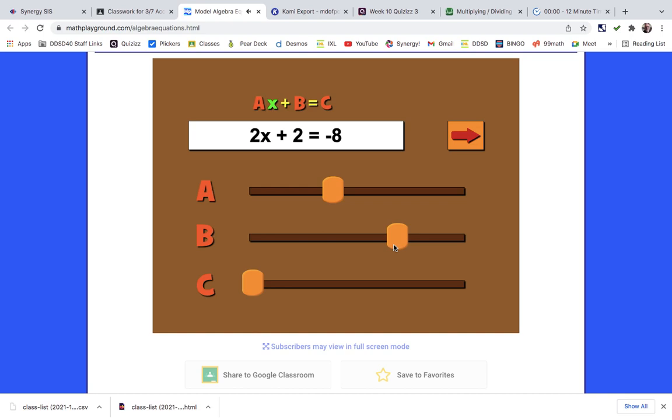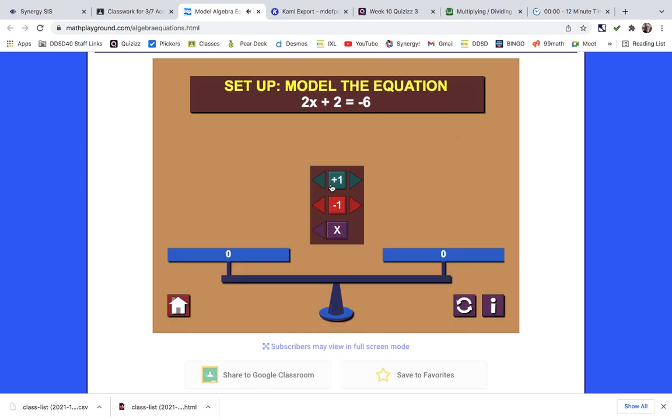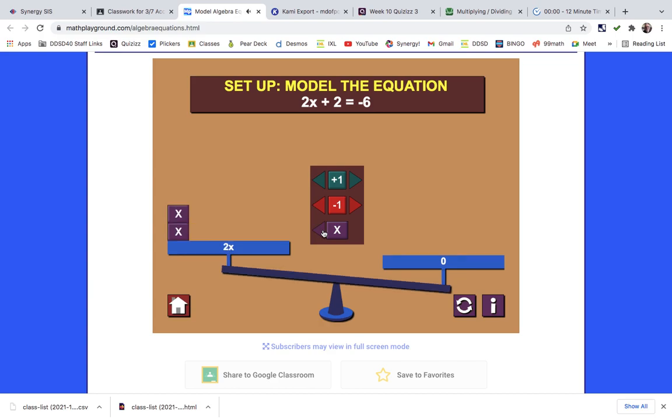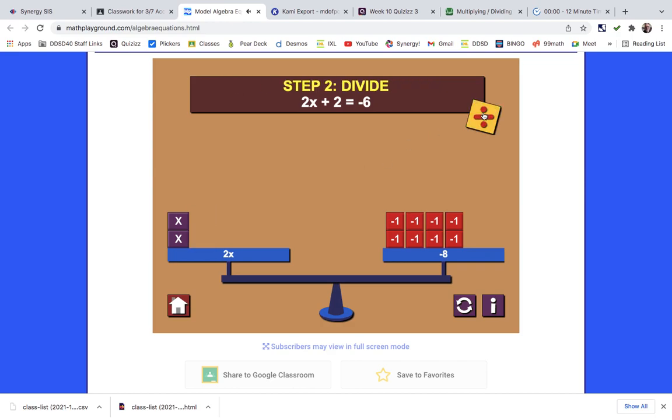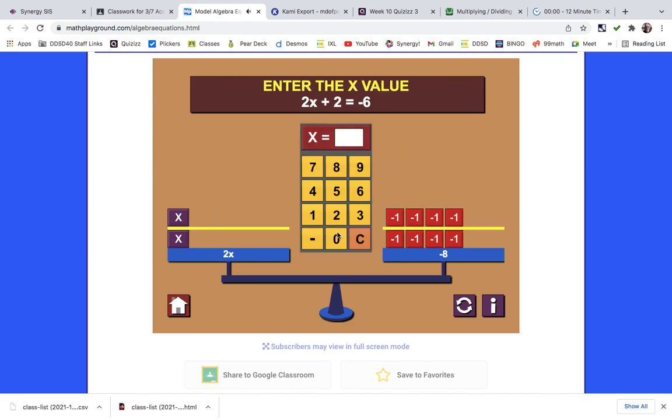So you can just drag these wherever you'd like and then try it out. So 2x plus 2 equals negative 6. And I'm going to get rid of these plus 1s by hitting negative. And then we're going to divide. Each one of them is negative 4.